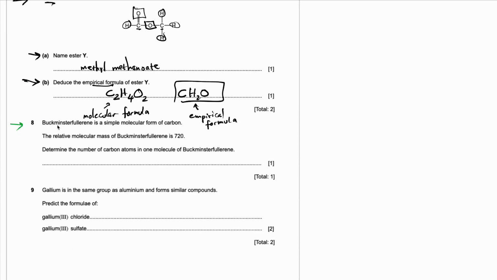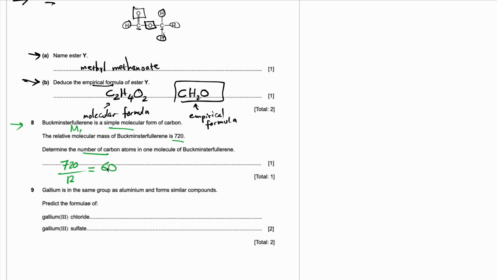Next, Buckminster fullerene is a simple molecular form of carbon. The Mr of this simple molecule is 720, and he wants to know how many particles. You have to take Mr, that relative molecular mass, 720, and divide it by the relative atomic mass of carbon, which is 12, and that gives you 60.